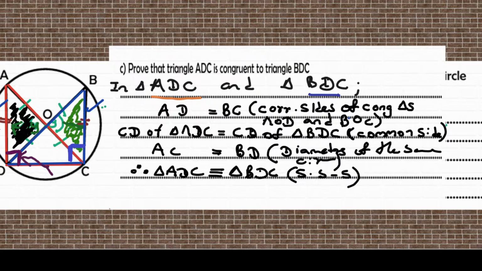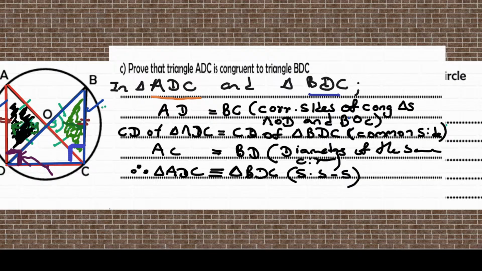You guys are still in grade 10 first term, but later on in our O-level syllabus, we'll be learning that this has to be 90, not because it looks like 90, but because there's a rule which says the angle subtended by the diameter at the circumference is 90, or the angle in a semicircle is 90. But you haven't learned that rule yet.